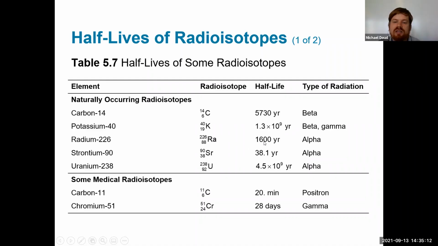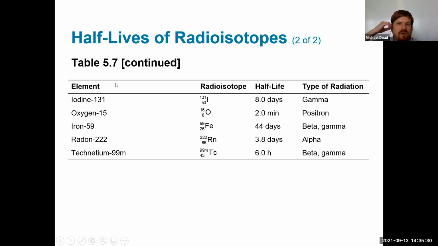For medicine, it's important to use isotopes that have a very short half-life. So things like carbon-11, which has a 20-minute half-life and emits a positron, and chromium-51, which has a half-life of just 28 days and has gamma emission.